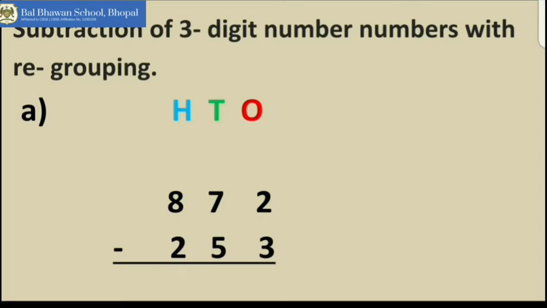Now the digits at ones place are 2 and 3. Again, you can see the digit on the top is 2 and under it is written 3. So on the top the digit is smaller one. So in this case again we have to take borrow.